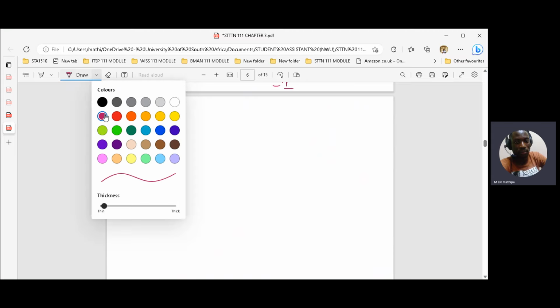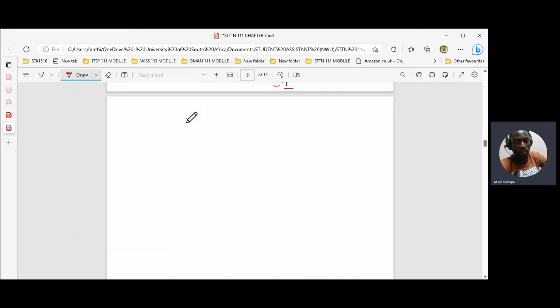Let me just write it like this: grouped continuous data.